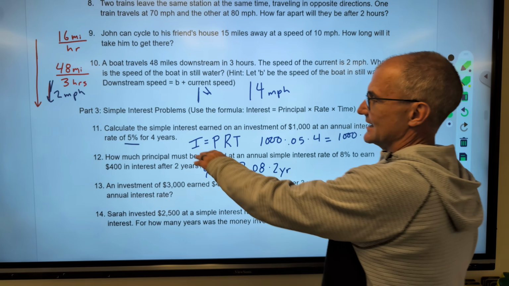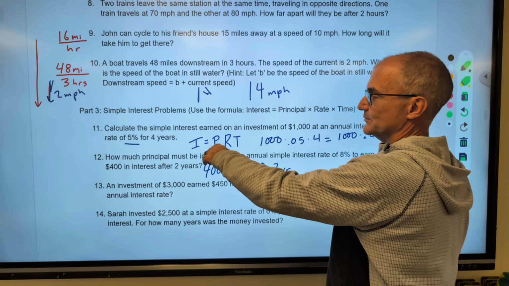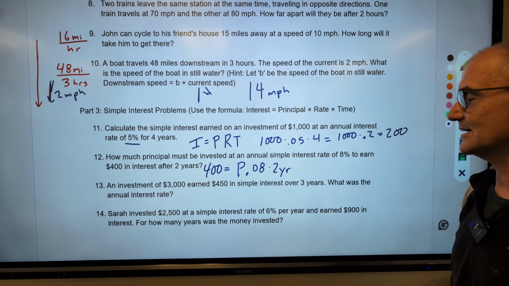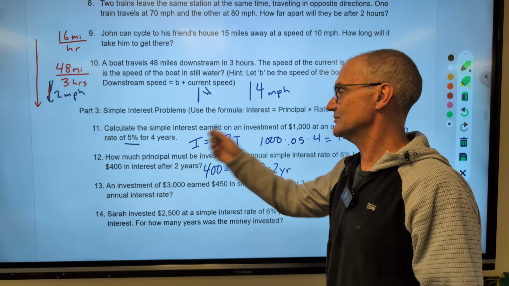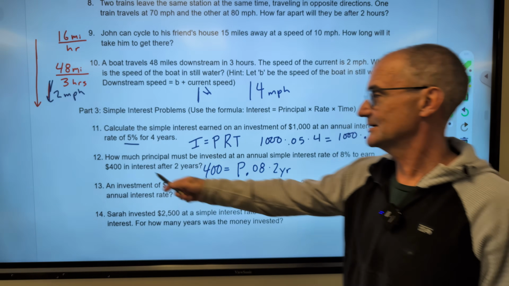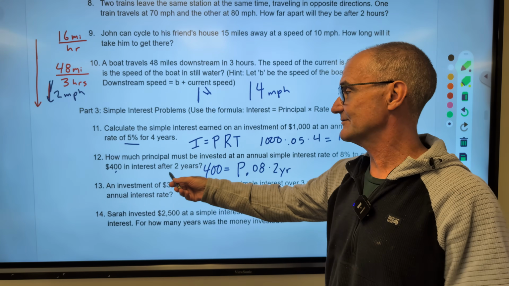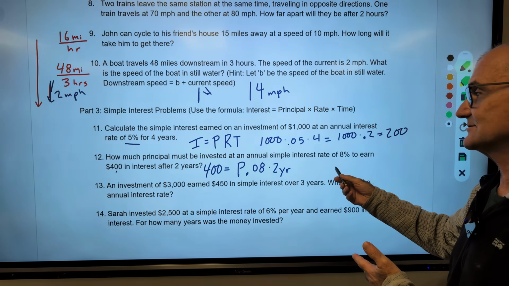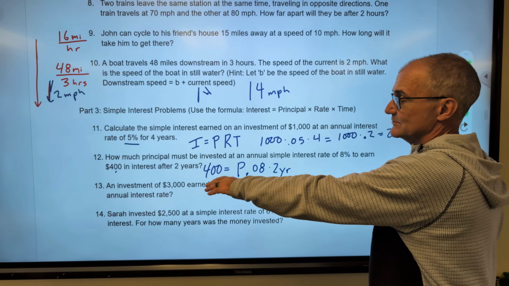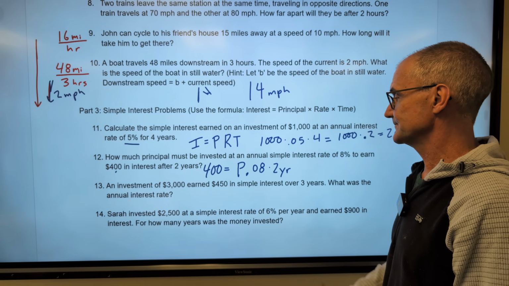So in this equation, I have 4 variables. Interest equals principal times rate times time. These are great algebra application problems. If I have these 4 variables, I have to have 3 of the 4. Well, I do. I have the interest, I have the time, and I have the interest rate. So I plug them in the appropriate places. Now I have one equation, one variable. P is what I'm looking for.